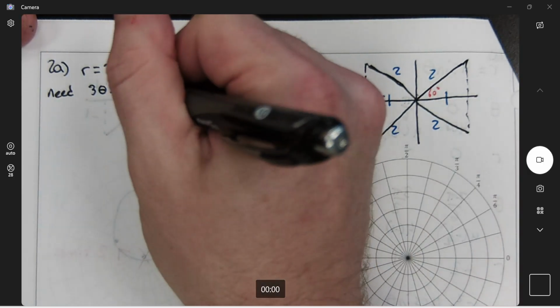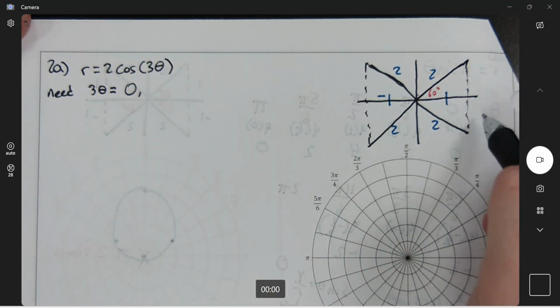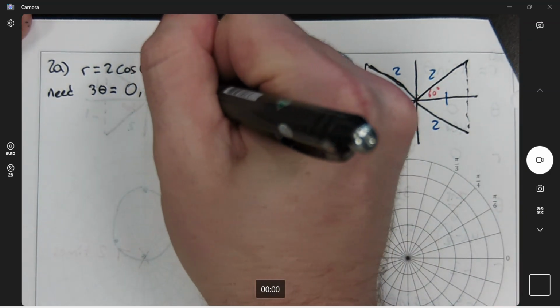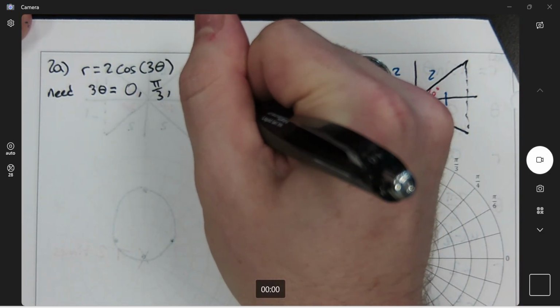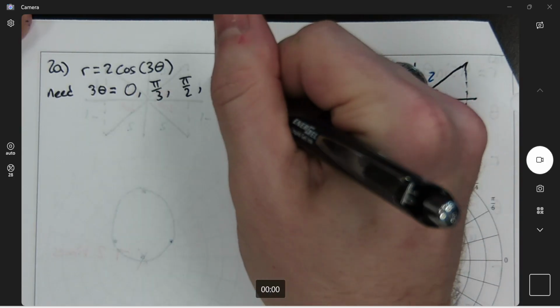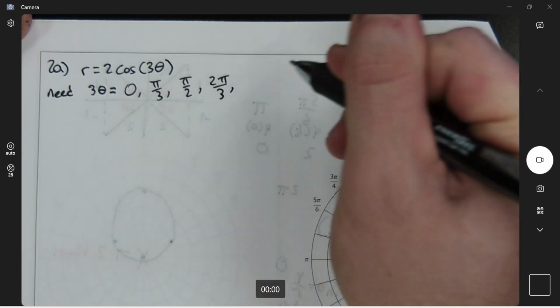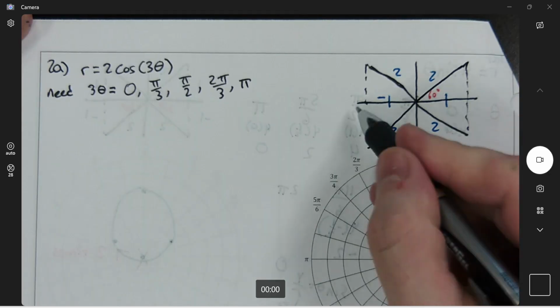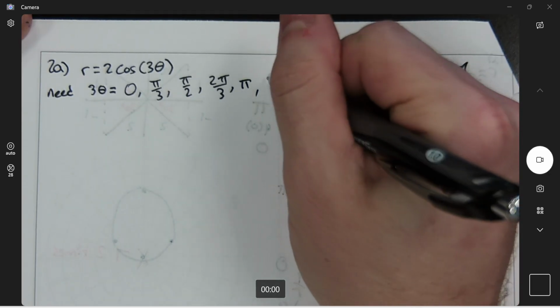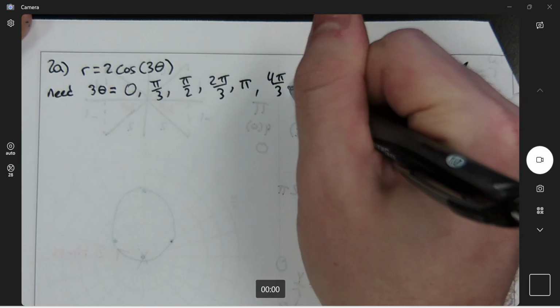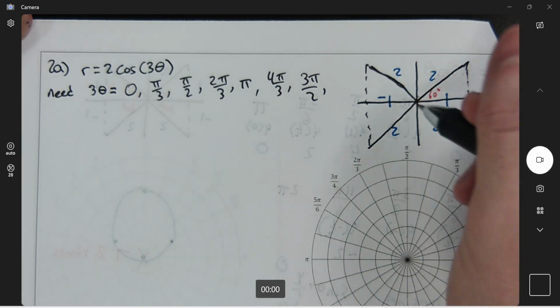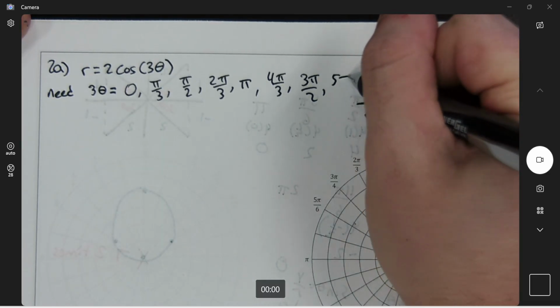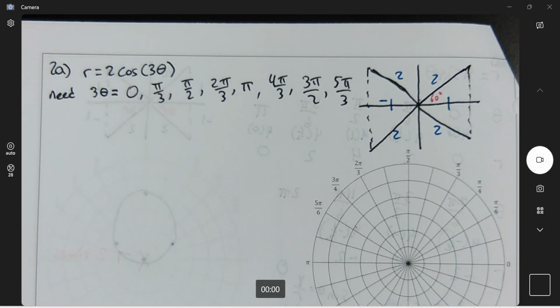So we need it to be 0 radians, the first pi over 3, then pi over 2, the second pi over 3, then pi, because that's here. Next is 4 pi over 3, 3 pi over 2, and lastly, 5 pi over 3. There is no reason to go to 2 pi because it's coterminal to 0.